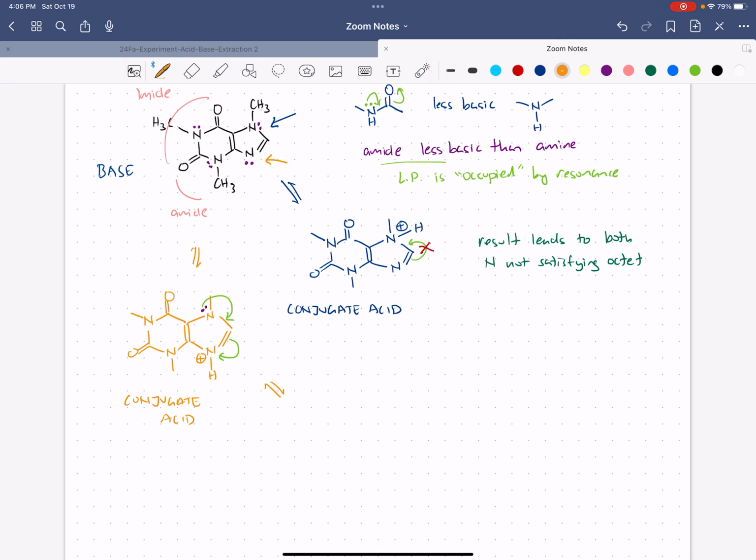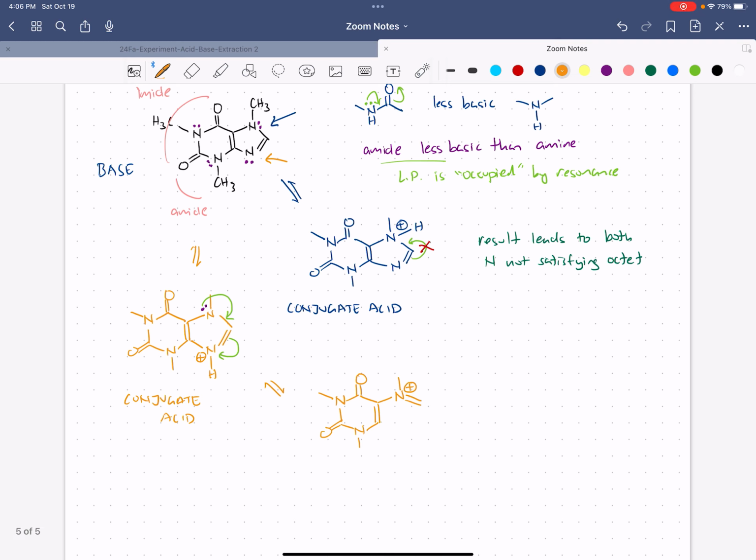And the result is this. Okay, now this nitrogen on top has a double bond to the right. It becomes positive. That's great because I just proved that we can share the positive charge.